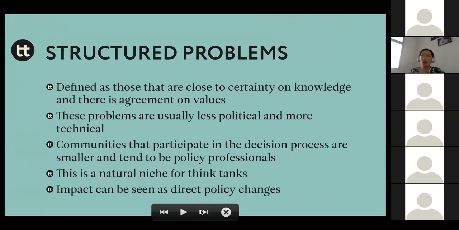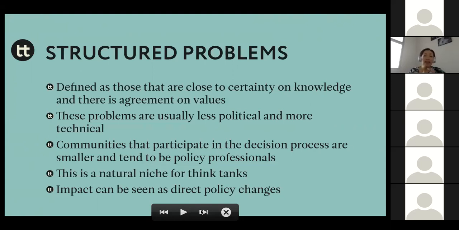And this is because there is already this agreement on values, right? So we are at a point where problems can start to be solved because we have agreed that this is what we're going to do, and we have a general sense that this is the way to go. We may just not know how to go about it.